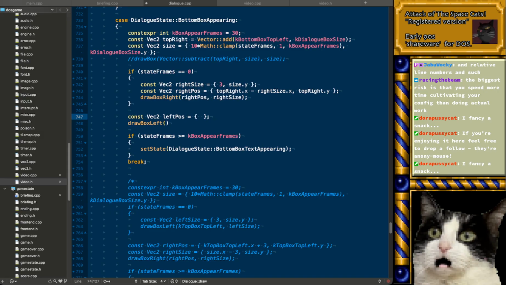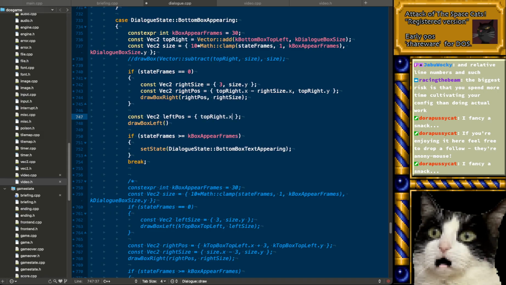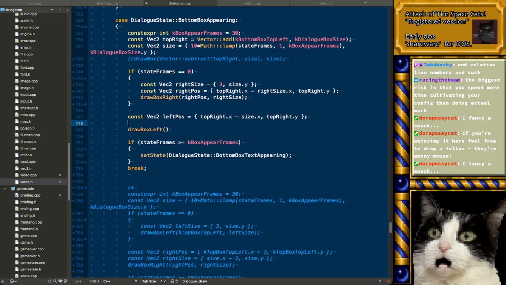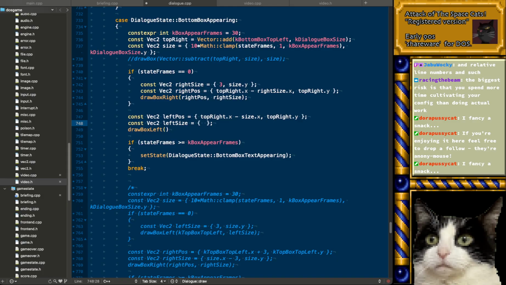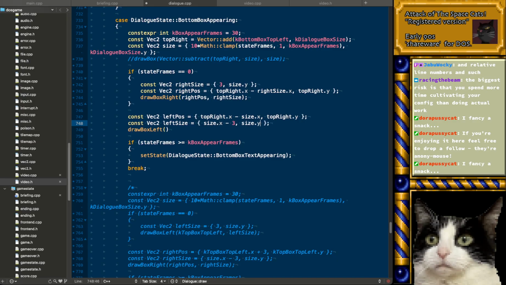Oh, it's getting cold in here. Yeah, dot x minus size dot x. And that one. And to left size equals size dot x minus 3.